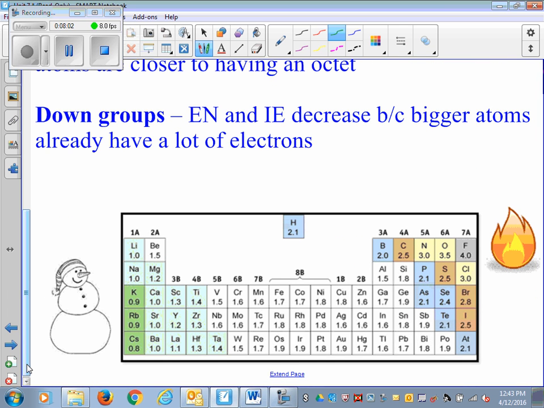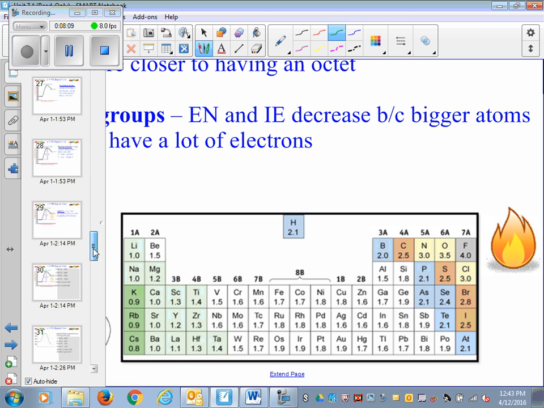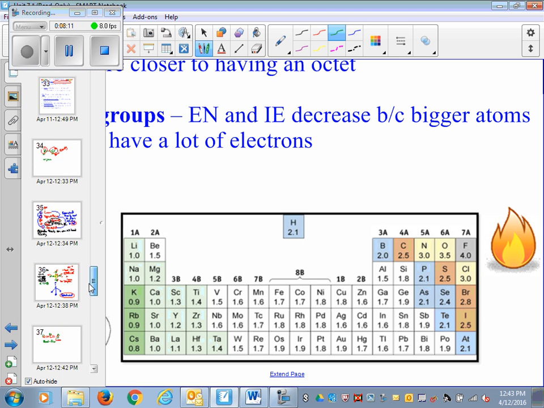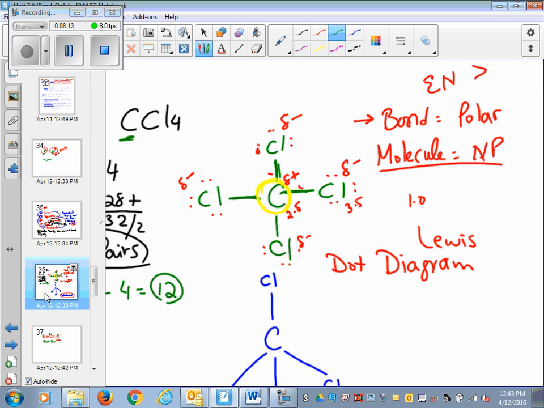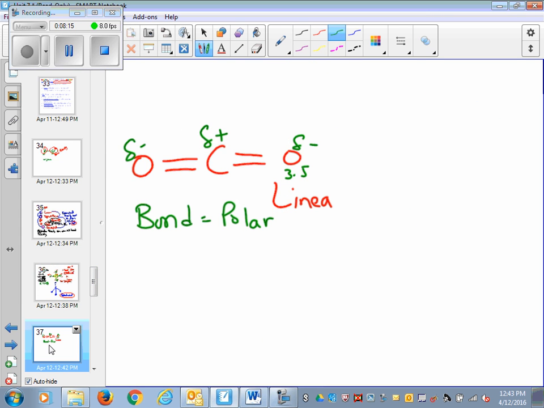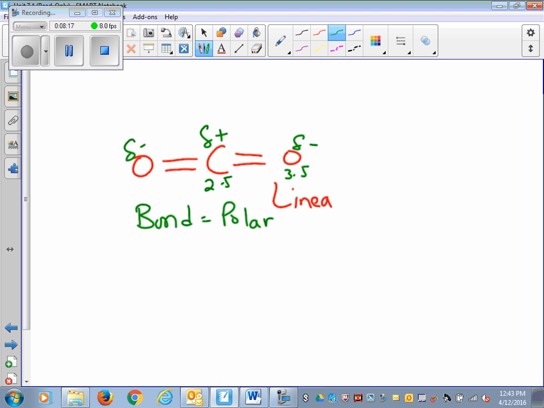Oxygen is 3.5 and carbon is 2.5. So this difference is 1.0, which makes the bond polar.